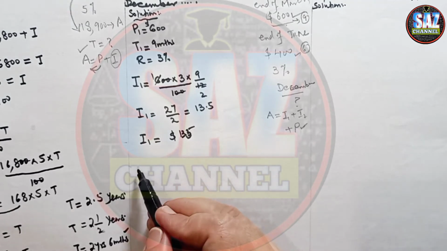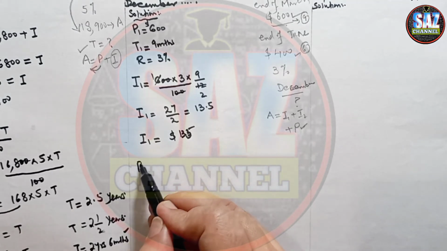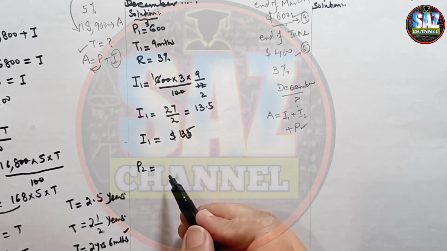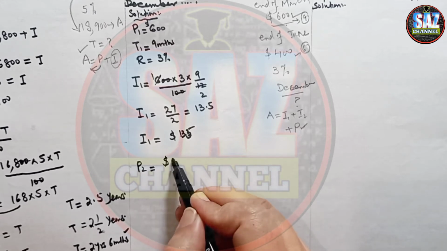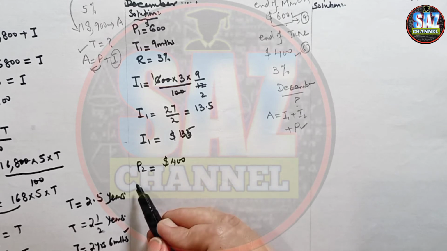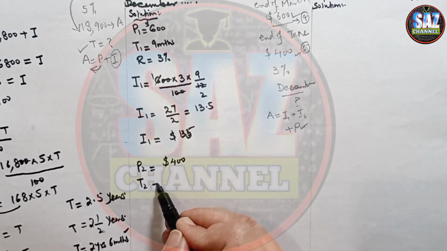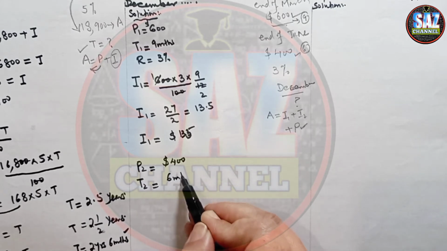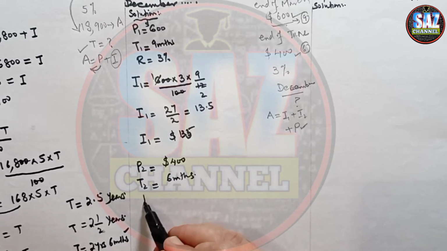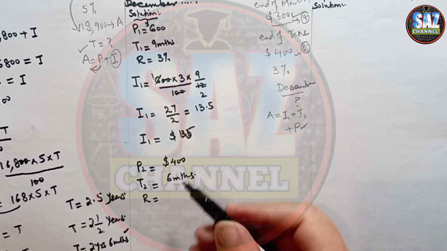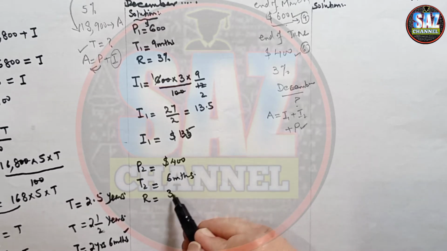I hope you are clear that I1 is 13.5. Now for the second investment, P2 is $400 and time 2 is 6 months, and the rate of interest is 3%.